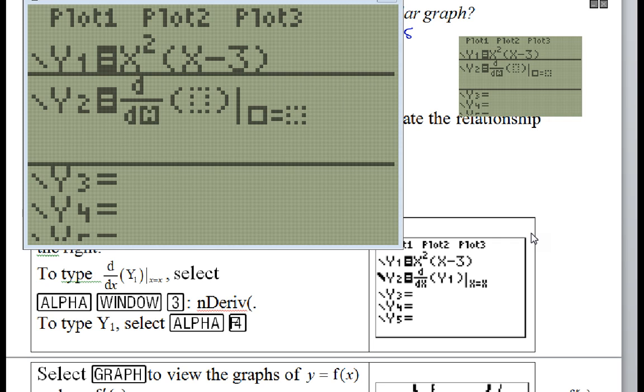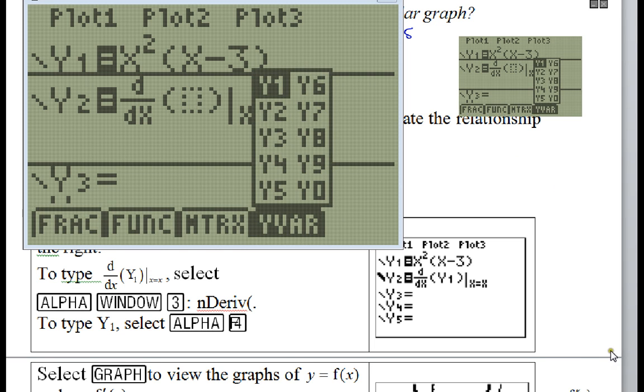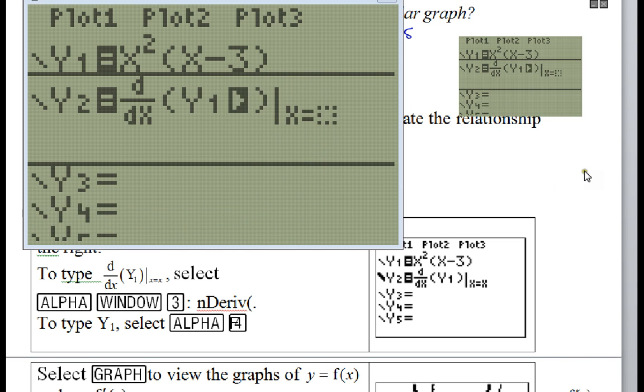What you are trying to tell the GC to do is, I want the GC to help me differentiate. Differentiate what? Differentiate this guy. You can retype this, or you can enter y1 directly. Alpha trace. Enter. You are telling the GC at every point I want to find the value of dy dx, and then help me trace every single point.